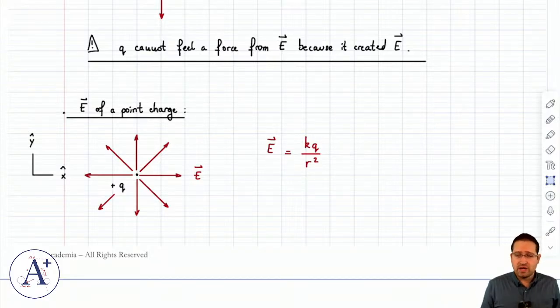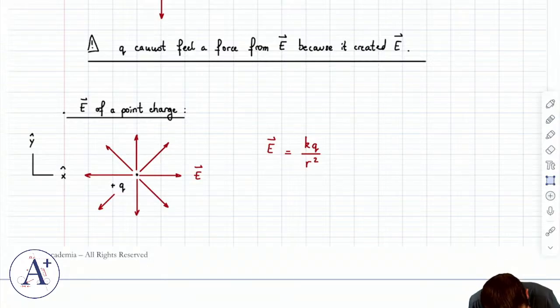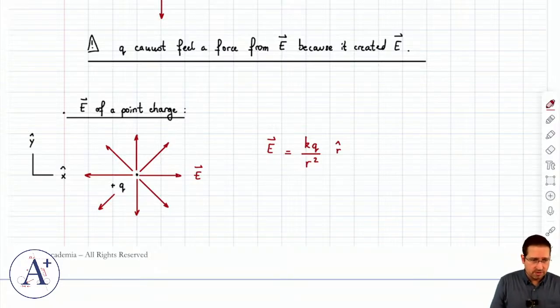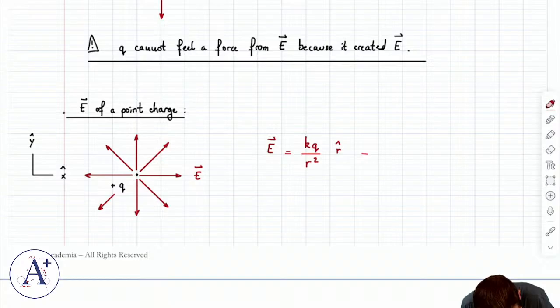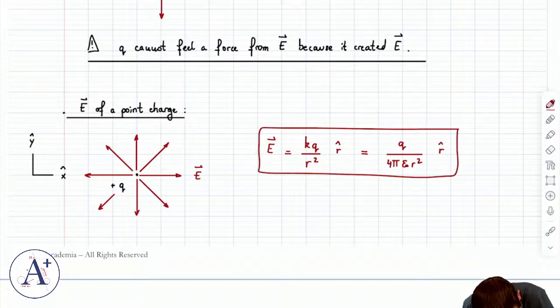But for direction, I don't have a direction yet. Well, I'm going to introduce something called r hat. And we're going to have to talk about r hat because it's usually pretty confusing the first time you see it. Okay. Now, sometimes, instead of k, we'll use 1 over 4 pi epsilon naught. So Q over 4 pi epsilon naught r squared along r hat. Means the same thing.